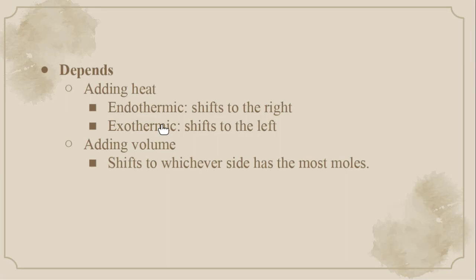So if you're adding a product, then your reaction is shifting to the left. The reason that heat is on the product side for exothermic is because you are forming bonds and releasing heat, and for endothermic reactions, you are using heat to break those bonds. So that's why it's on either side of the reaction for endo and exo.